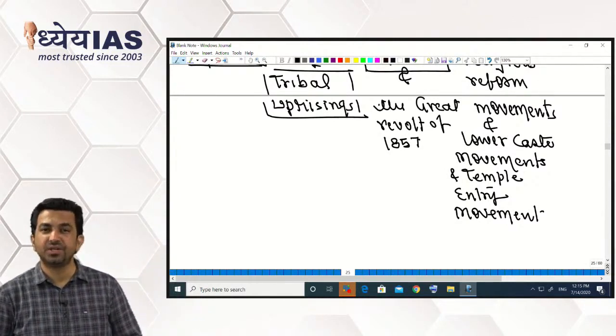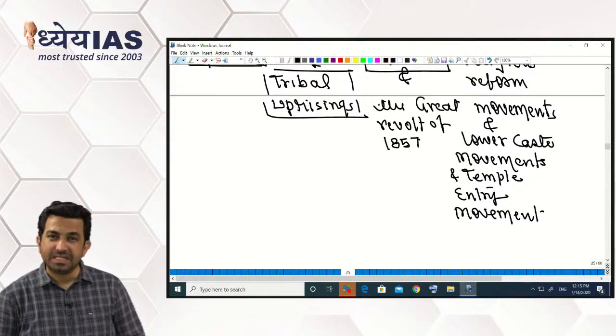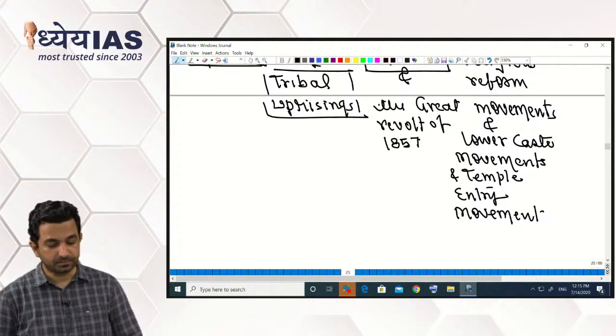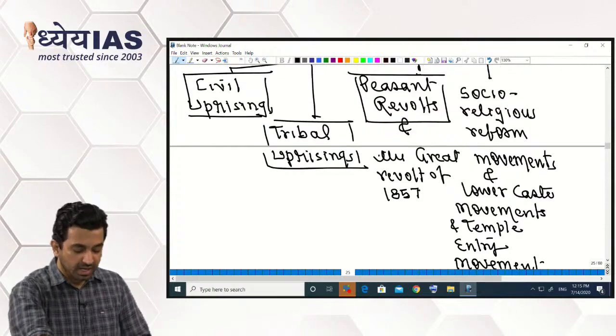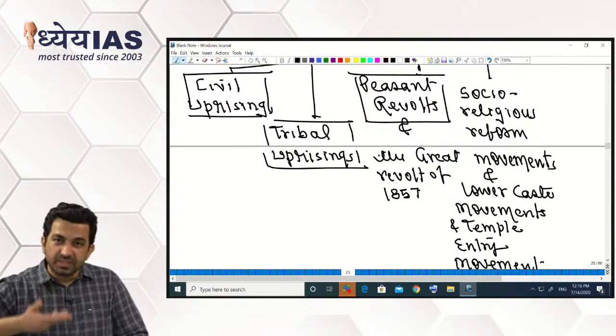So they launched several temple entry movements. So these were Indian responses against the British rule and also to reform themselves.